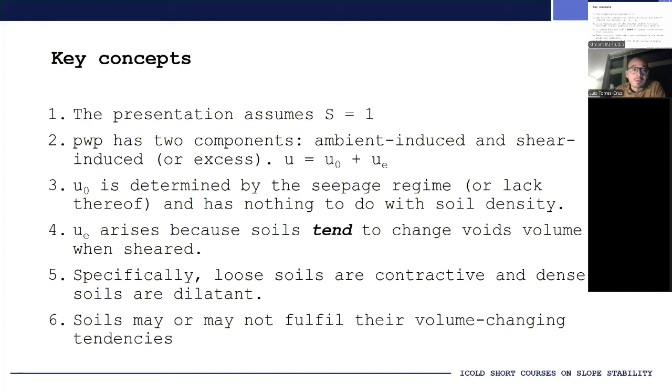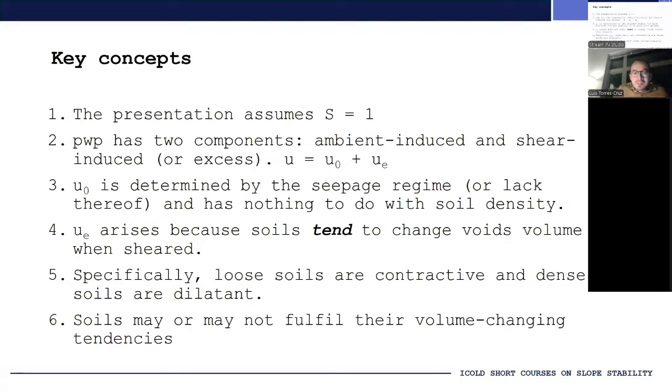So the pore water pressure of the soil is the addition of those two components, the ambient induced and the excess pore water pressure. The ambient induced pore water pressure is determined by the seepage regime of the soil, or lack thereof, because you could also have a hydrostatic regime, and this has absolutely nothing to do with the soil density.